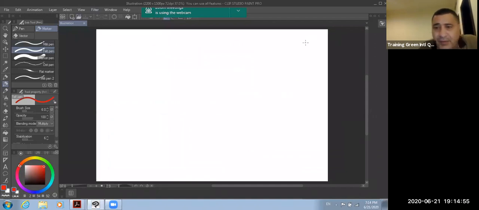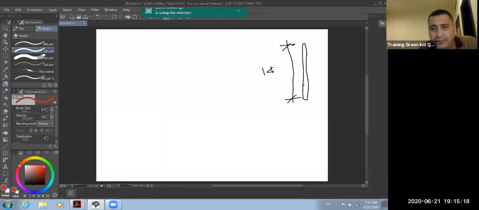So this is the wall. This is the height of the wall, 14 feet.